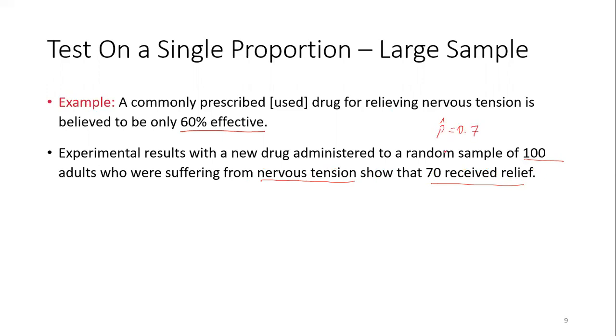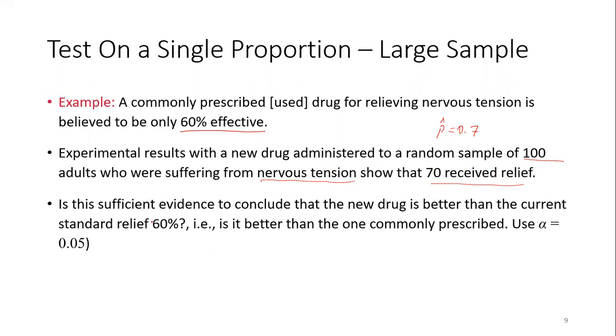Is this evidence sufficient to conclude that the new drug is better than the current standard relief rate of 60%? That is, is it better than the one commonly prescribed? Please use alpha equal to 0.05 significance level.